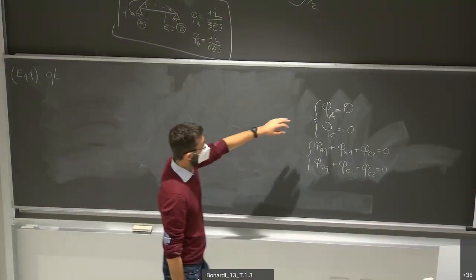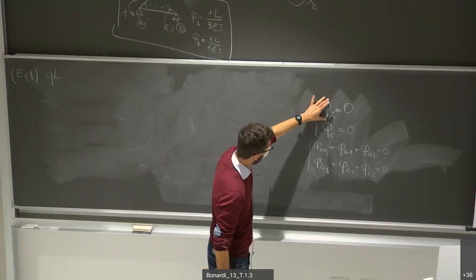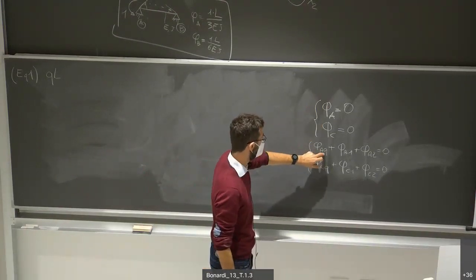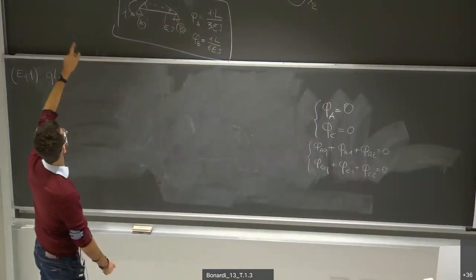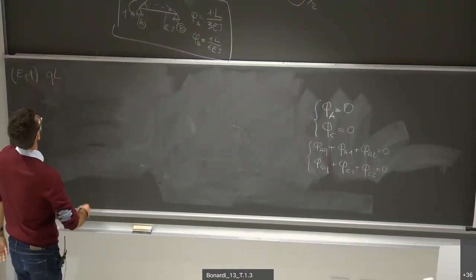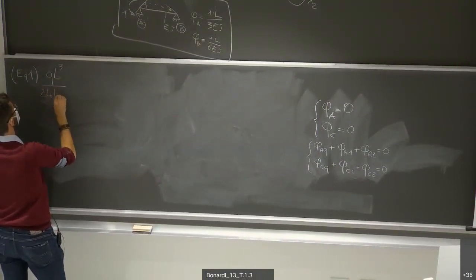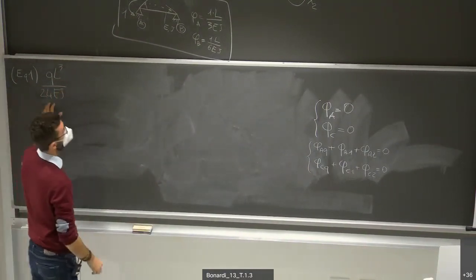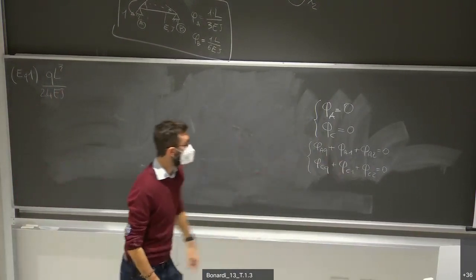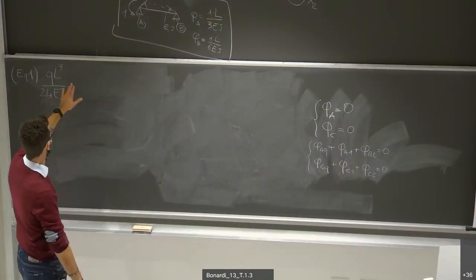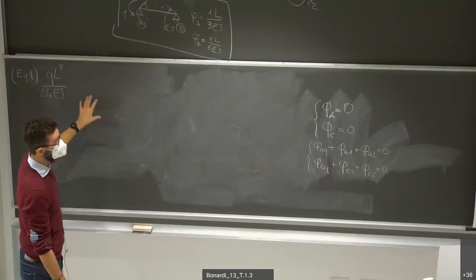Okay, so we are stating now that the rotation PA is equal to 0. PAQ is the first term. So it is Q times L to the power of 3 over 24 EI. Then we have PA1. For now, I'm not writing the signs, just the modulus.